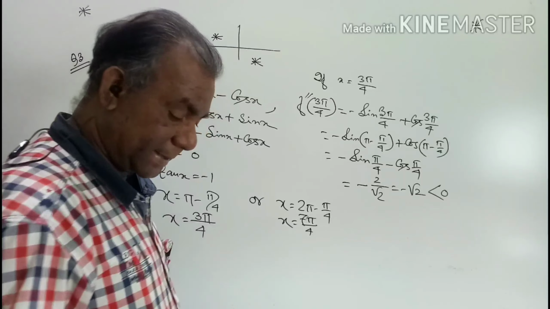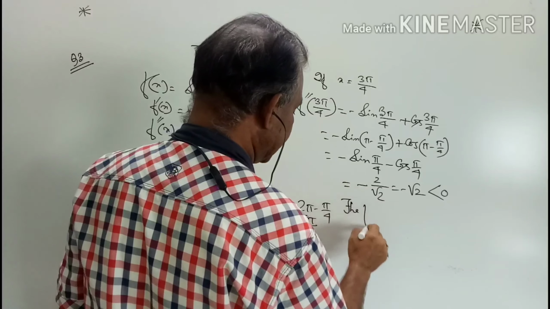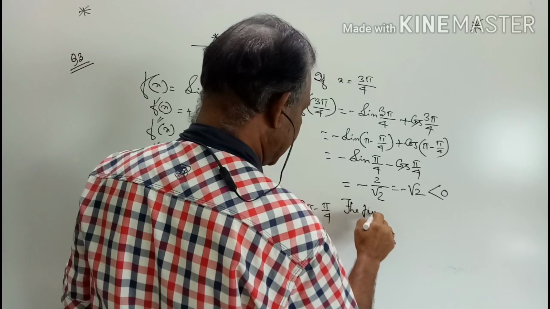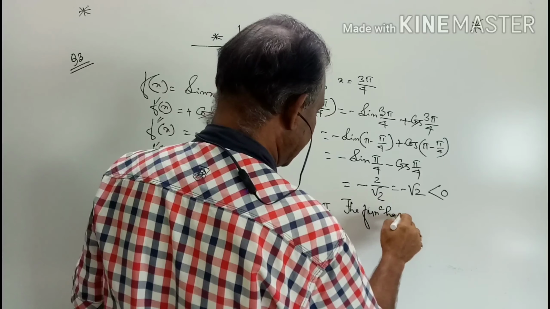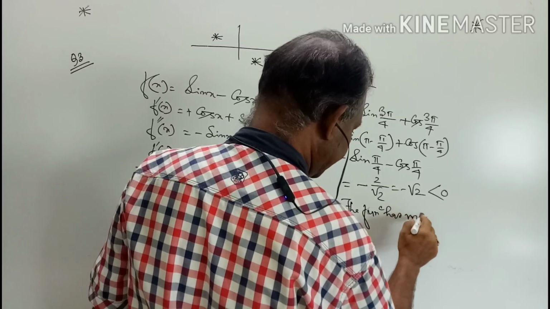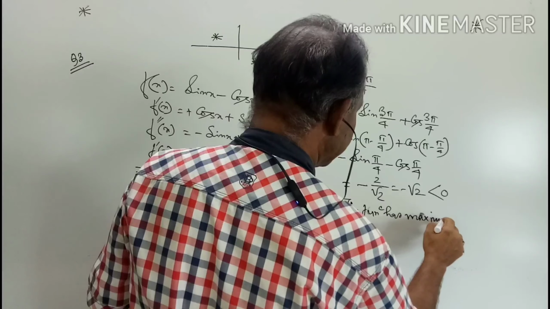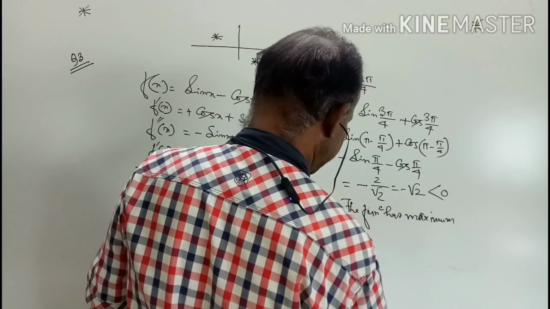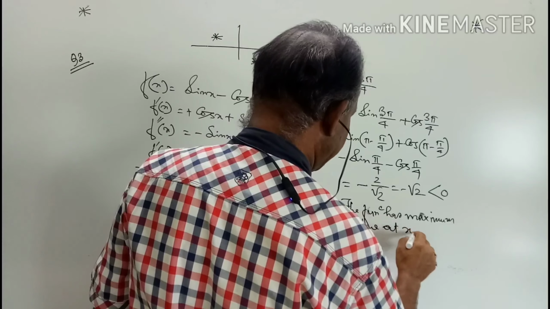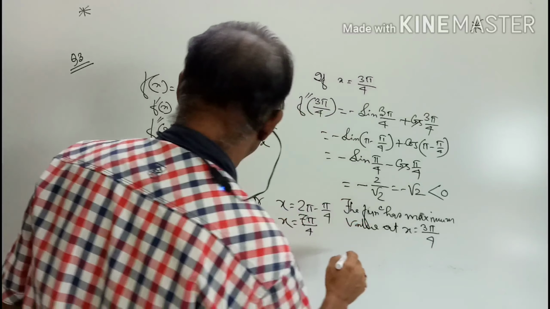So you will write: the function has maximum value at x is equal to 3 pi by 4, and what will be its value?